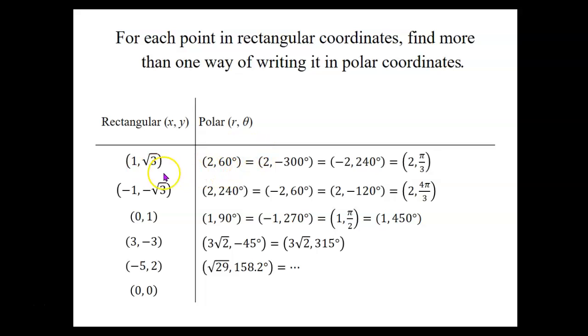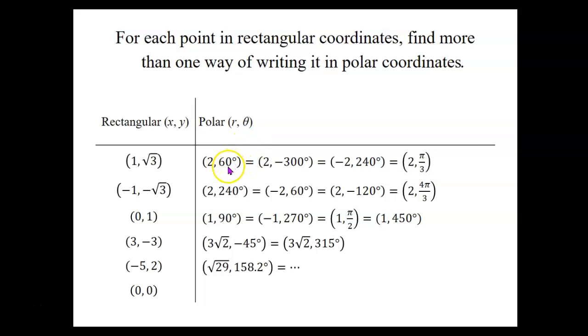So theta would be an angle whose tangent is √3 over 1, like the arctangent of that. And that would be 60 degrees, or pi over 3 in radians. So we could write this point as (2, 60 degrees), or (2, pi over 3).